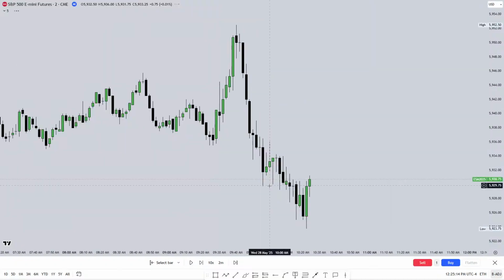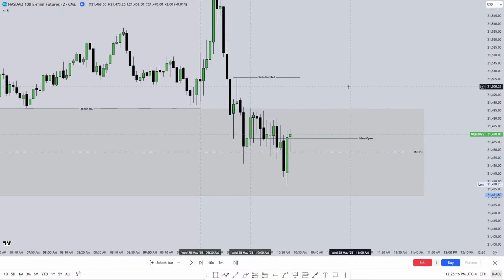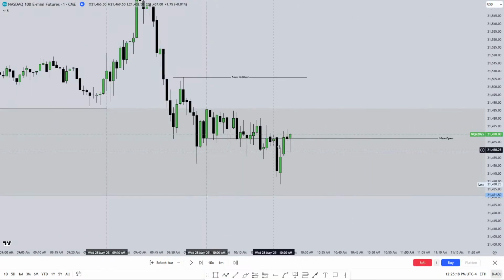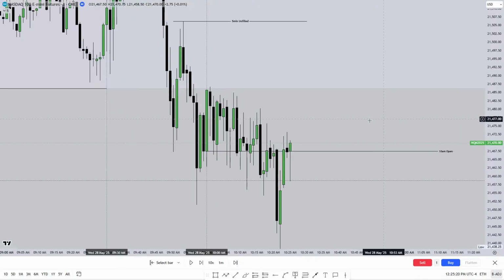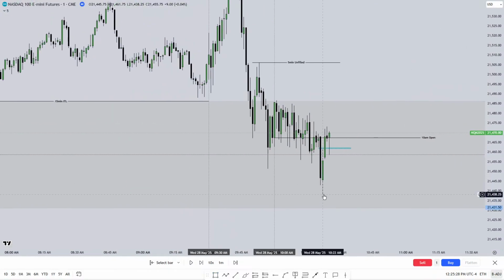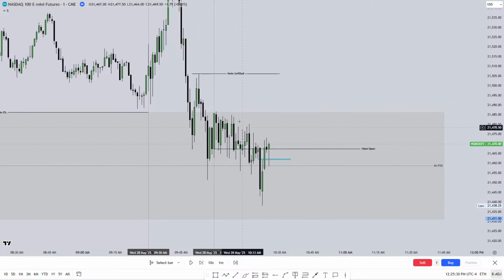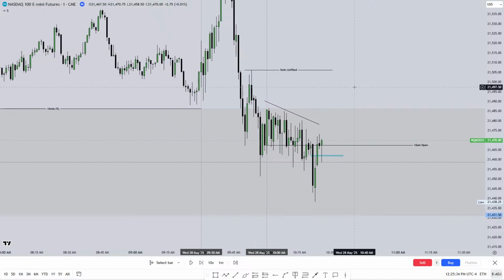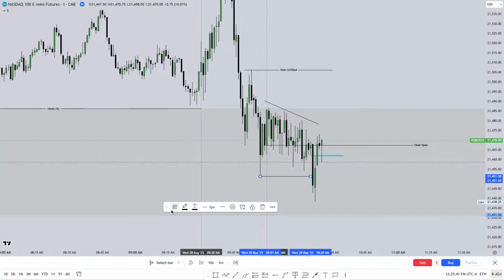Is there SMT at that low? No. Is there any lower time? Okay, so there's a little one right there. What time is that at? 10:20. A lot of low resistance liquidity right here. Change in the state. That's your opening range low.